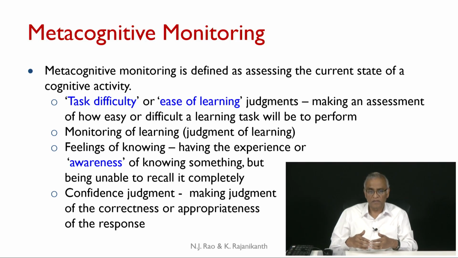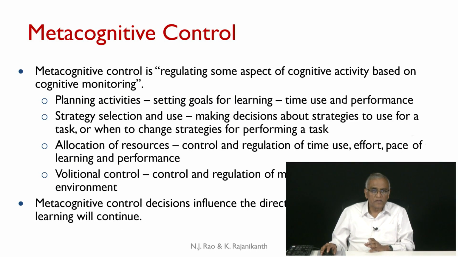If I judge that it is correct, then my confidence in the judgment will increase. So these are the four elements of metacognitive monitoring. And based on this, we go into metacognitive control. That means based on the monitoring, we should be able to regulate some aspect of cognitive activity.